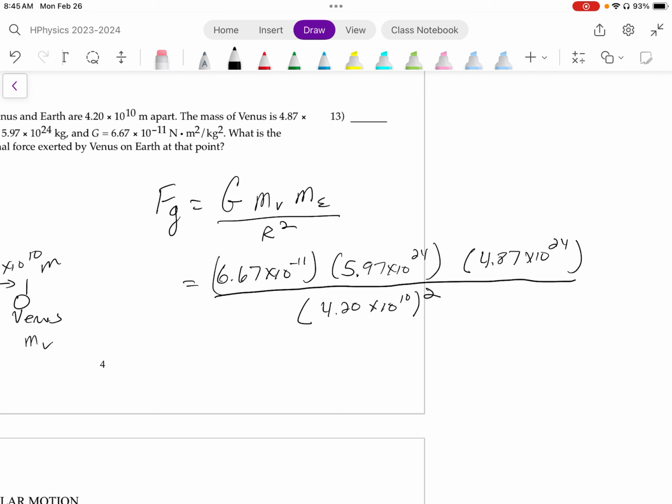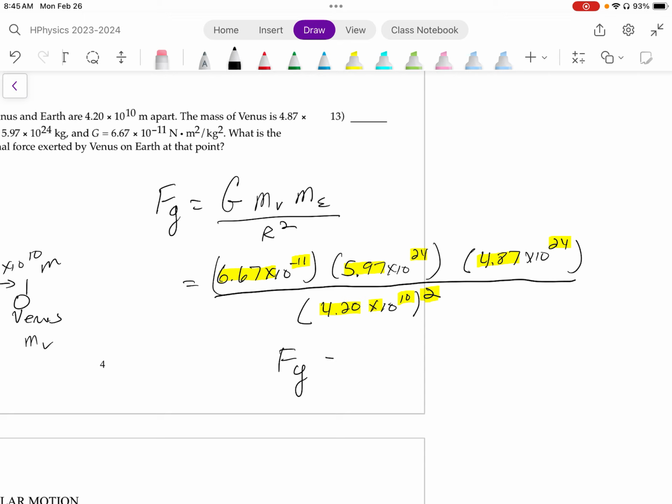So again, another calculator challenge. Here's what I will tell you on this. This is how I enter it into my calculator. I will enter 6.67 E negative 11 times 5.97 E 24 times 4.87 E 24 divided by 4.2 E 10, and then I will hit my x squared button, and that will work.